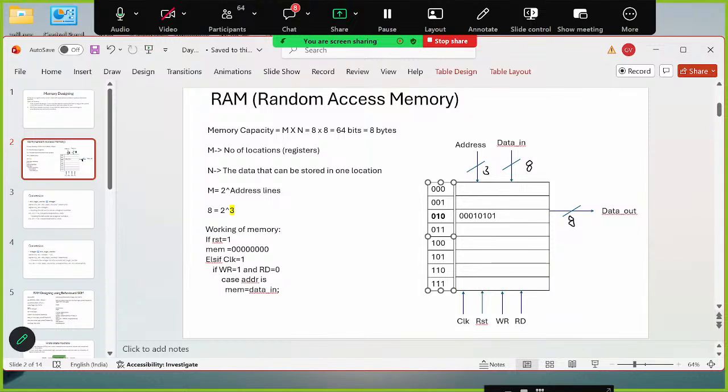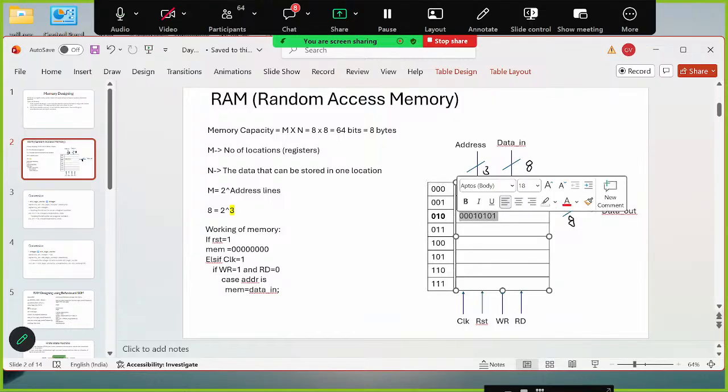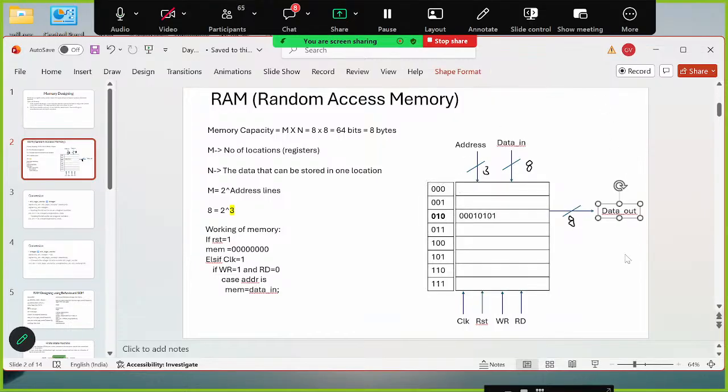Suppose you have put the same address and activate a read signal. Then whatever data is stored there already will come out at data out. In this way, the reading and writing operations will be done. So this is what we call write operation in memory.